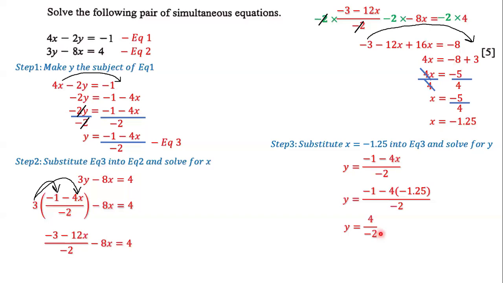And 4 divided by negative 2 is definitely negative 2. And so for this question, our answer is x is equal to negative 1.25 and y is equal to negative 2. And that's our answer for this particular question.